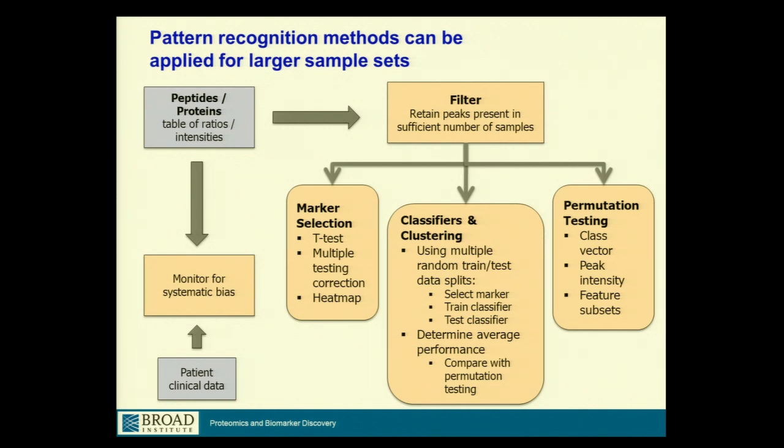Now, because you have larger sample numbers, you can use pattern recognition methods and other standard gene expression analysis tools and other machine learning tools. We have a collection of these in GenePattern. These are easily available in R, SAS, and many other statistical packages, and you can easily access them and use them. You can plot heat maps, you can do classifiers, you can do clustering, and so on and so forth.